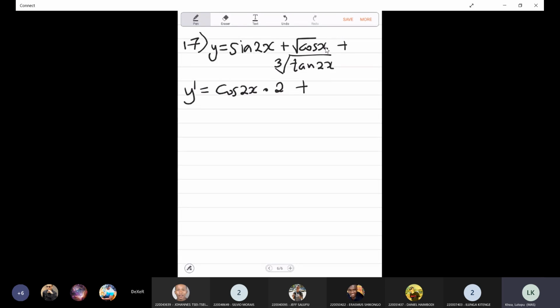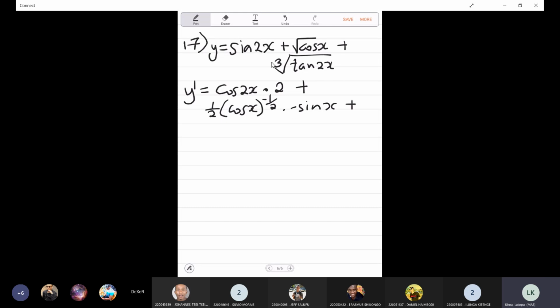So you have minus 1, and then you differentiate the inside. So this will be a half cos x to the power of minus a half. So again, important, notice that the inside did not change when I differentiated the outside. And then you multiply by the derivative of cos, which is minus sine. So we have minus sine x.